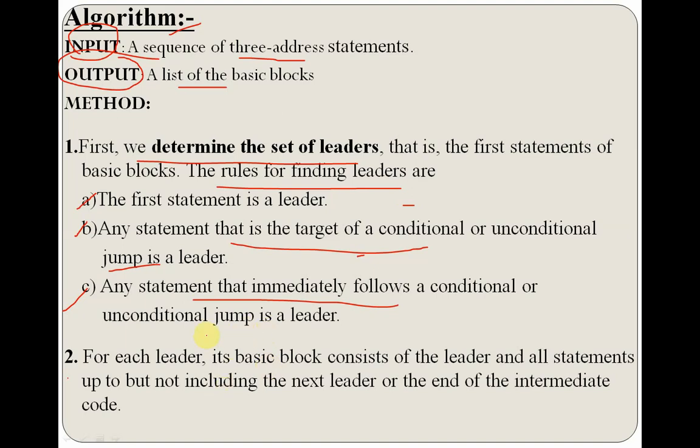That means while converting the given three address code into basic blocks, if 10 leader statements are identified, the intermediate code can be divided into 10 basic blocks. For each leader statement, its basic block consists of the leader and all the statements up to, but not including, the next leader.